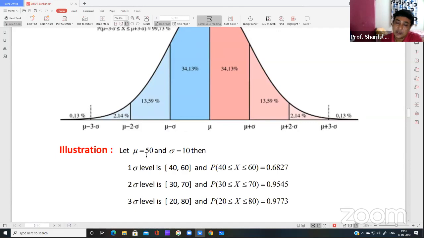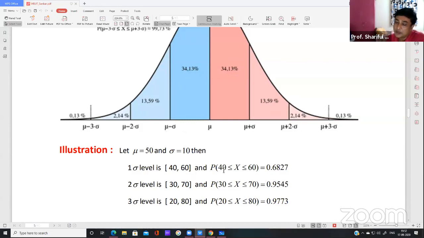For example, in a particular case, let the mean be equal to 50 and sigma be equal to 10. So what will be the 1 sigma level? From the mean mu, you move a distance of 10 to the left, and from the mean mu, you move a distance of 10 to the right. So that range will be 40 to 60.